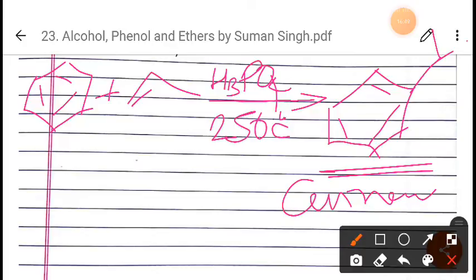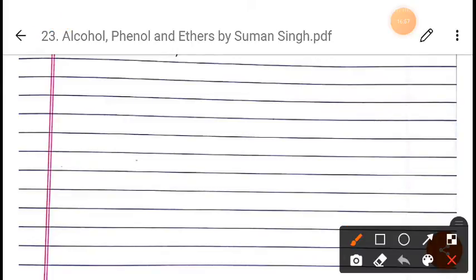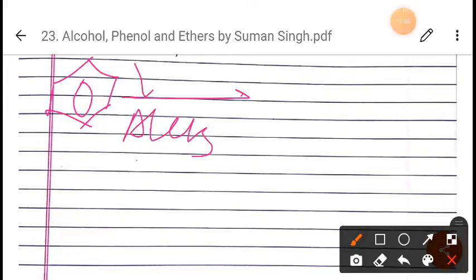There are so many methods to prepare cumene. One more method I will show you. Suppose we have benzene, and in presence of AlCl3, if we are using this alkyl chloride, then also we will get cumene like this.